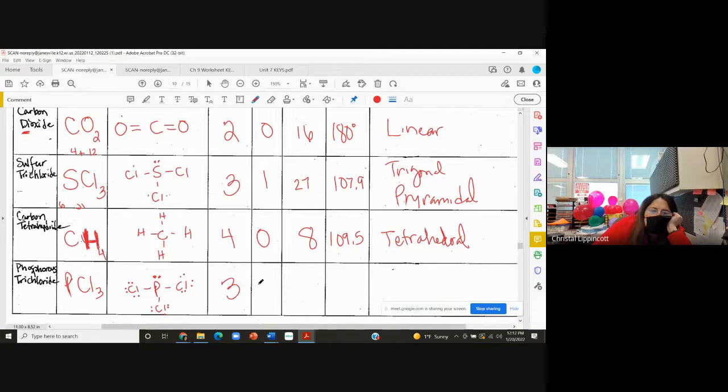So I have 3 and 1. Here I have 5 and 21. It's 26. So this ends up being 107.5. And this is trigonal pyramidal.